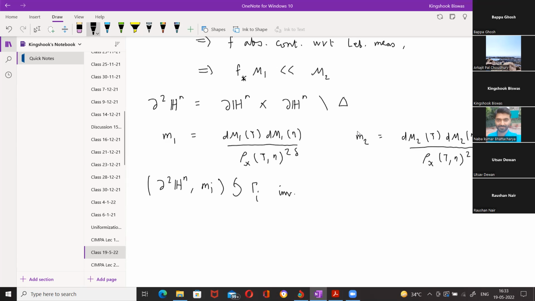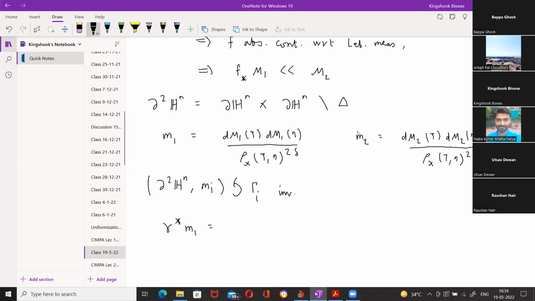Because if I take a gamma in the group, then what will this be? Like if I look at gamma upper star M1, the push forward.